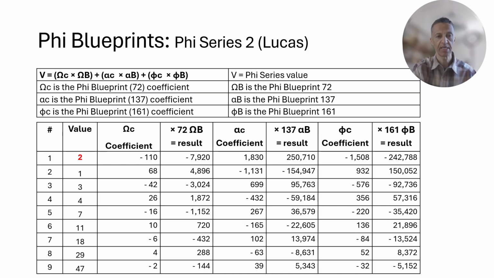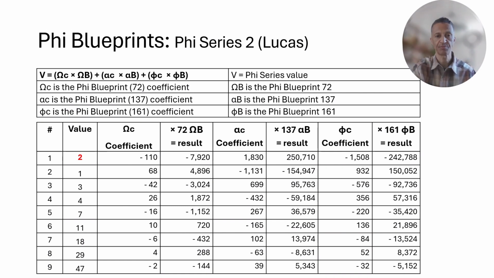So we can take the value 2, which is the first position value, and it equals minus 110 times 72 plus 1830 times 137 plus minus 1508 times 161, and that will equal 2. And you can do this for all Phi Series 2 values, the Lucas values, just as you could for the Fibonacci sequence.